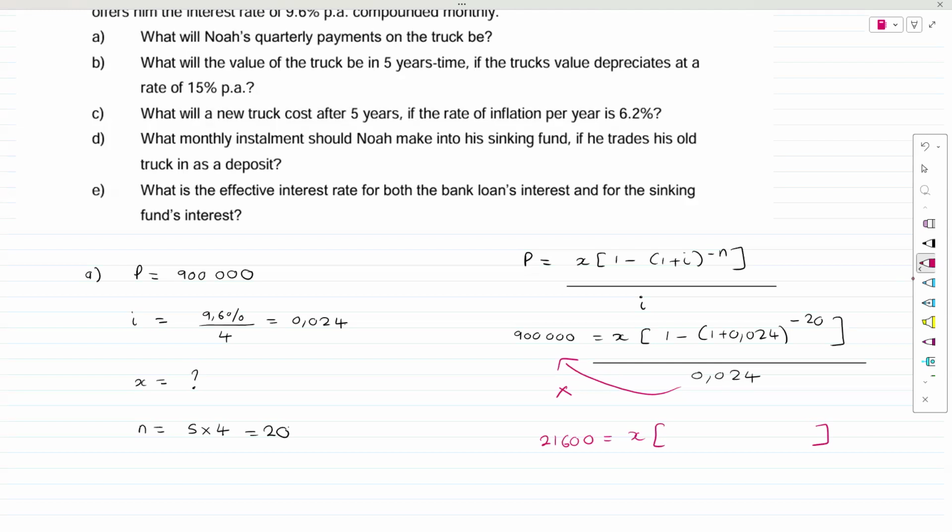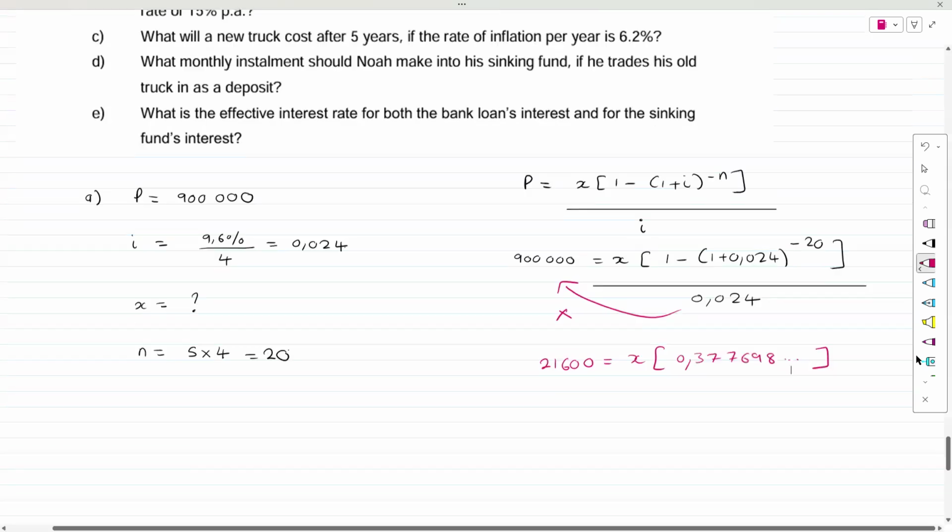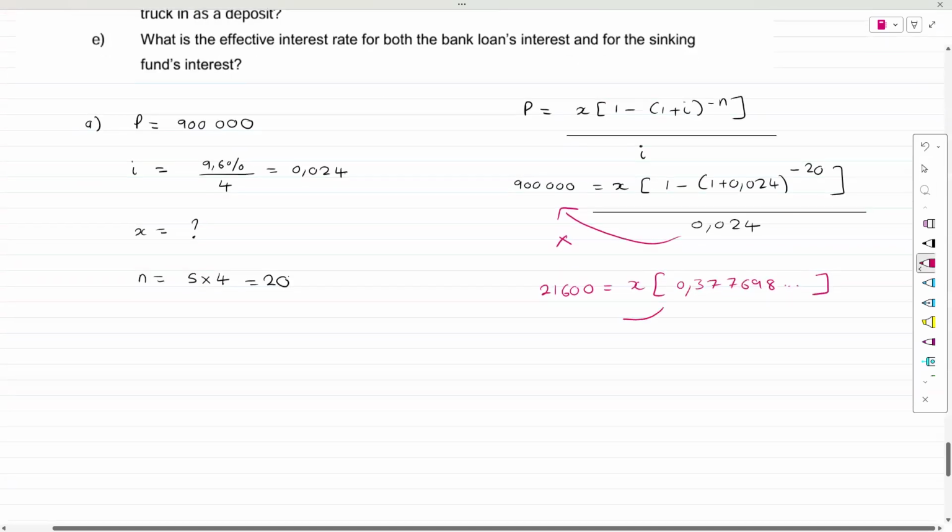That's 1 minus 1.024 to the power of minus 20, and that equals 0.377,698, some change. Thereafter, you and I know we have to divide.